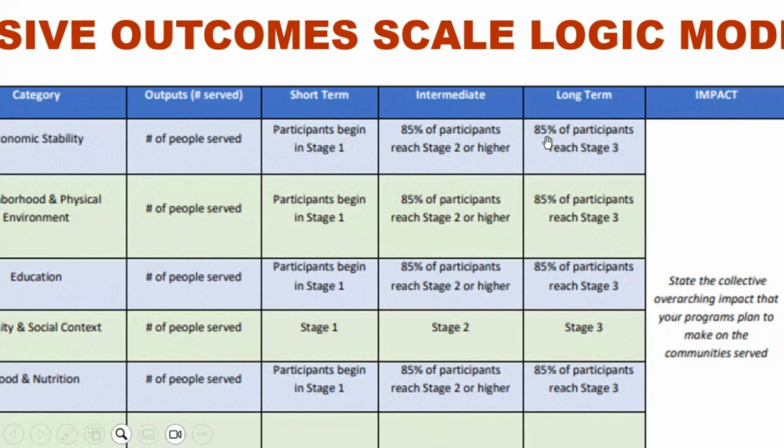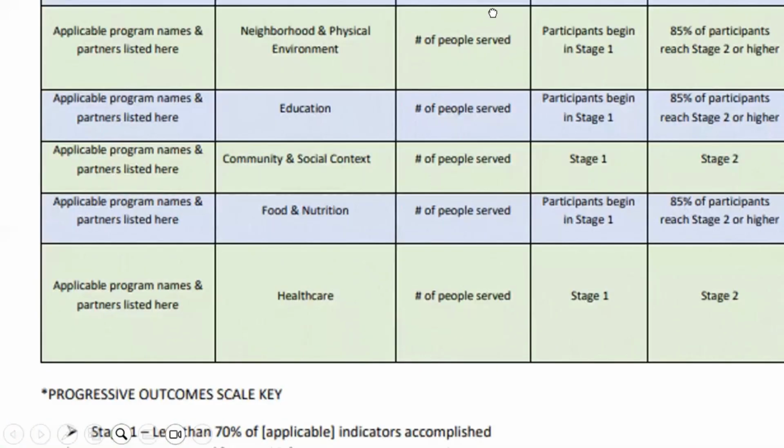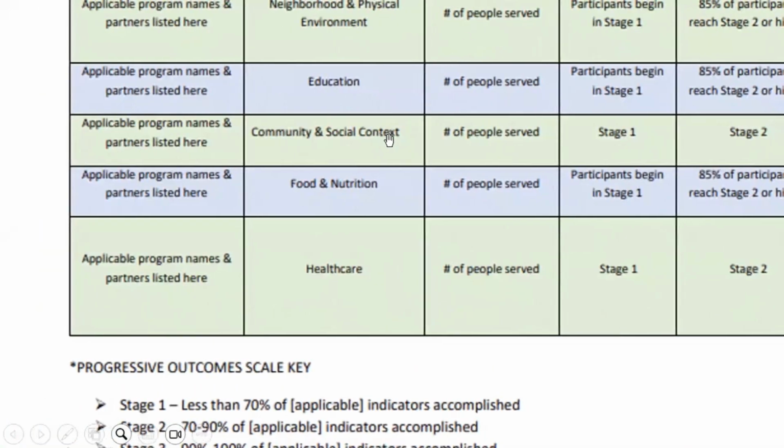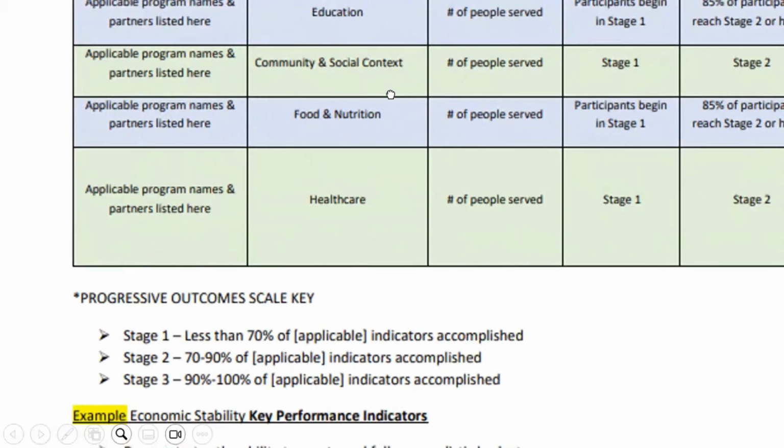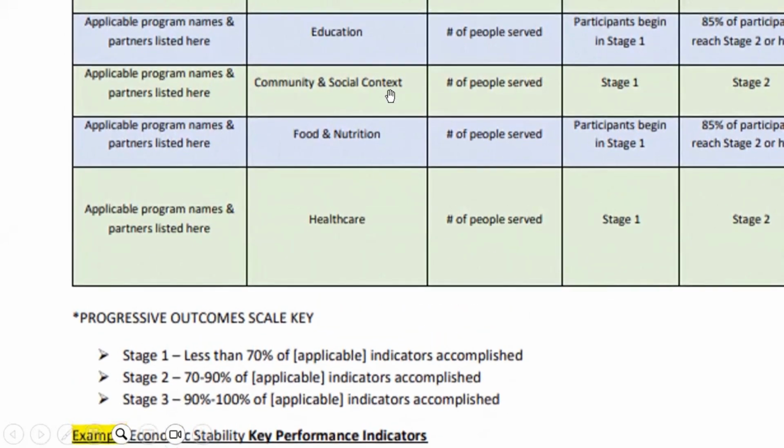Long term, we hope to see at least 85% of participants reach stage 3 or higher. So what do those stages represent? So let's go down right underneath the progressive outcome scale logic model, and we can see the progressive outcomes scale key. And this tells us what each stage refers to.